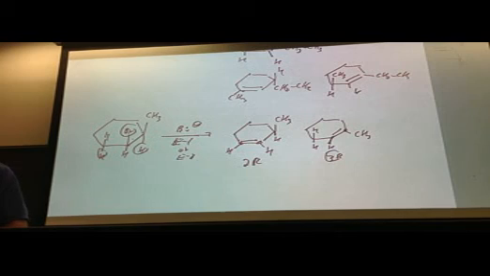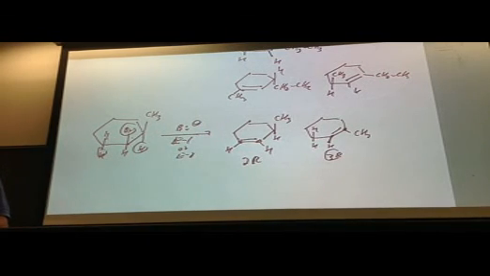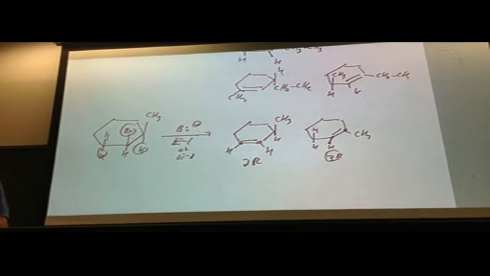In this case, I can only go on here or here. But one will predominate, one will be the major product. So again, anytime you see rings, a red flag should go up, that you've got to pay special attention to where the double bond goes and which directions in space these groups are pointing.